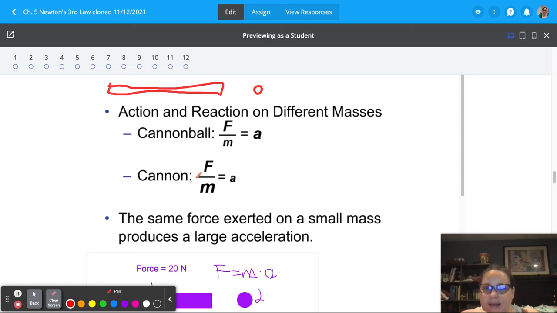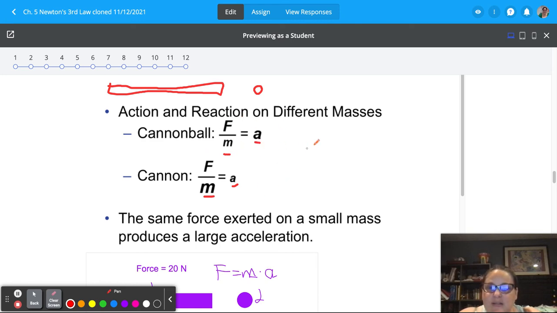The size of F is the same, but the mass of the cannon is much larger than the mass of the cannonball, and these letters are to scale. As a result, if I divide the same force by those two different masses, I end up with a smaller acceleration for the heavier object and a larger acceleration for the smaller object.